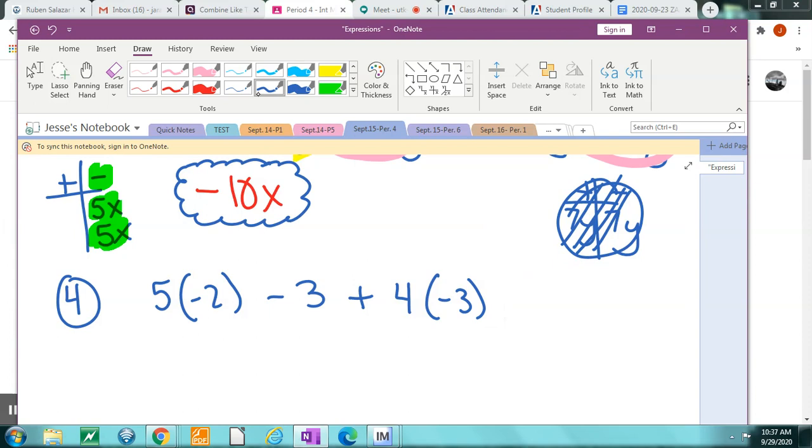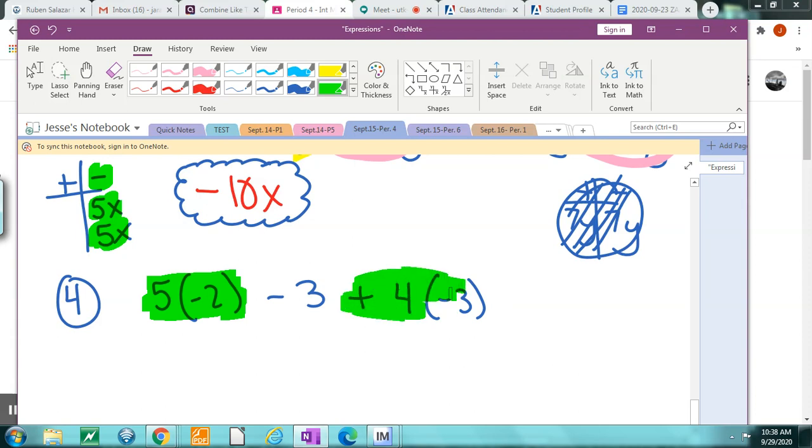There's no x's, there's no y's. They're all numbers, right? So remember, you always have to do multiplication first. So what's your multiplication? 5 times negative 2. What else? 4 times negative 3. So then we multiply.